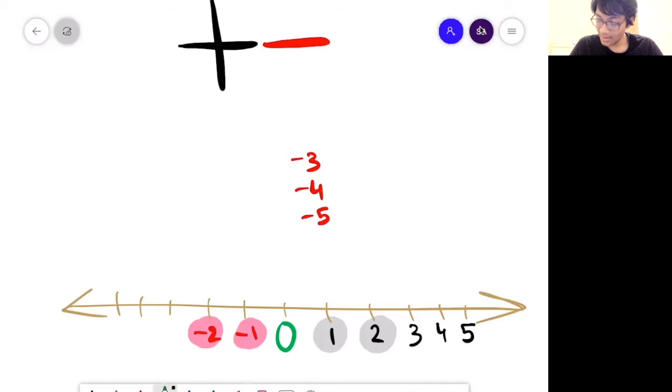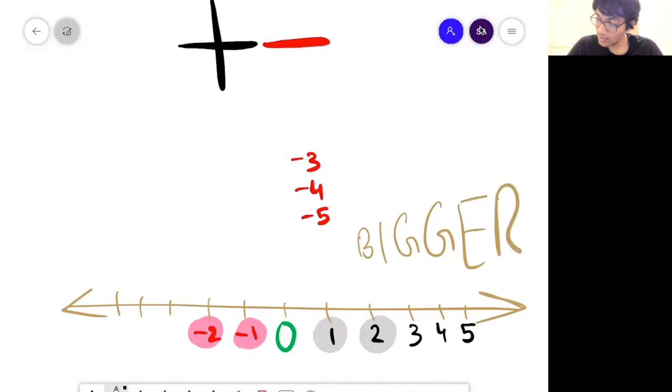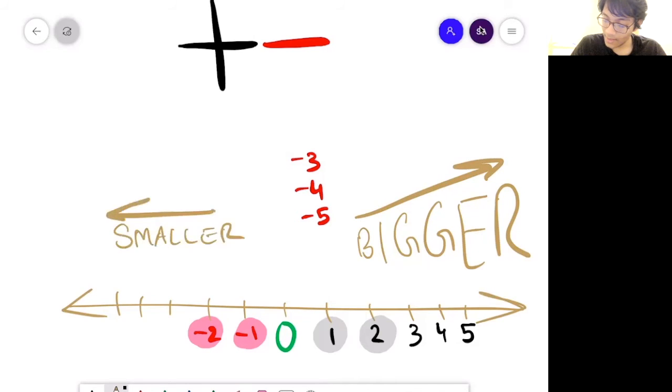So I don't know if this will help you, but bigger numbers are more this way, okay? And smaller numbers are this way. So because -2 is here and -1 is before -2, that means -1 is bigger than -2.